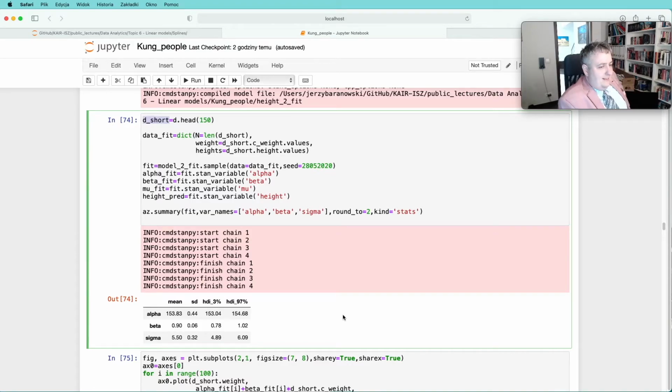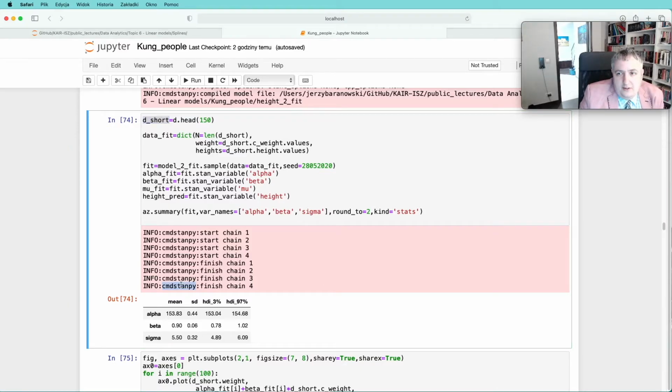Well, it tells us that the alpha interval is very close, because it gives this average of 153 with a movement of 0.4 centimeters in one direction or another.